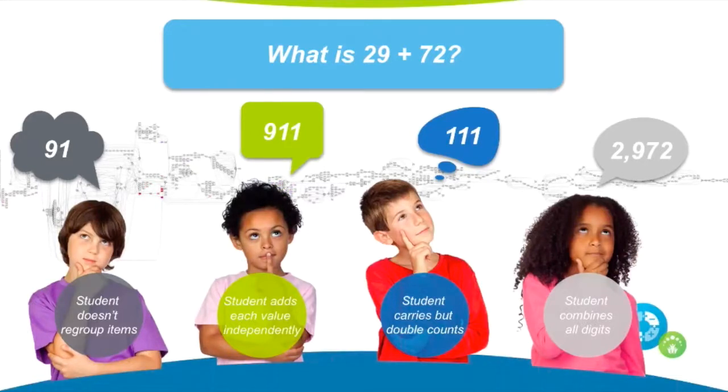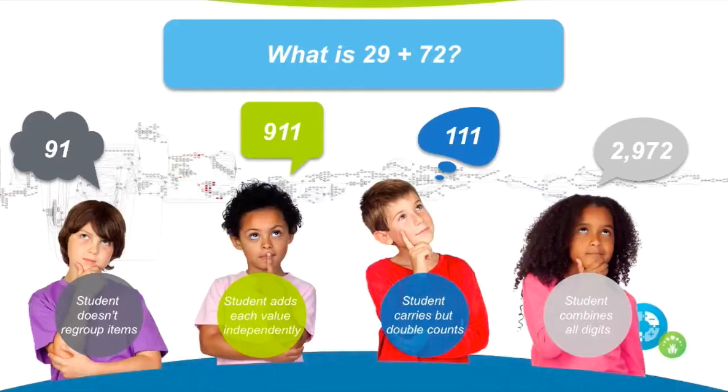And so what's going to happen with Dreambox and the adaptive engine is that it really doesn't even focus on right or wrong. Given all lessons, there are about 600 different data points that are taken into consideration. And one of those data points is an error analysis.